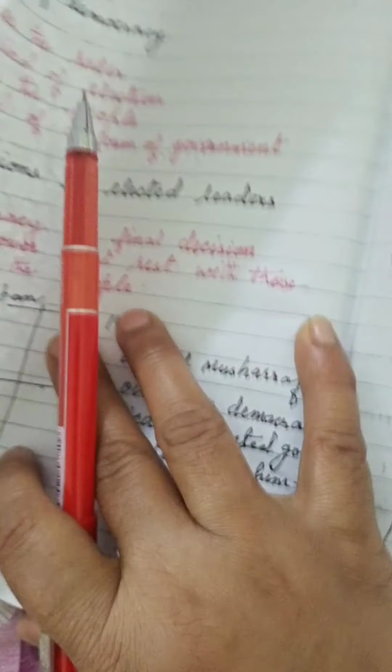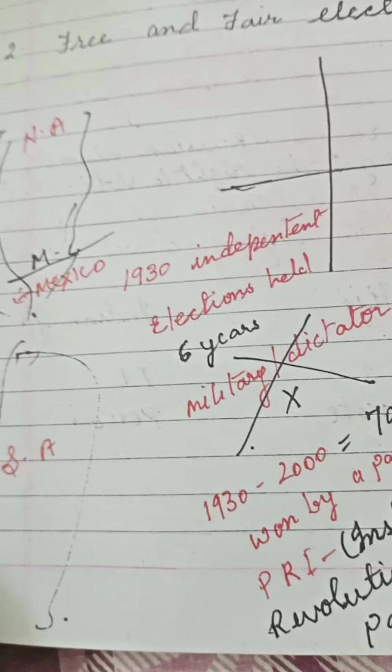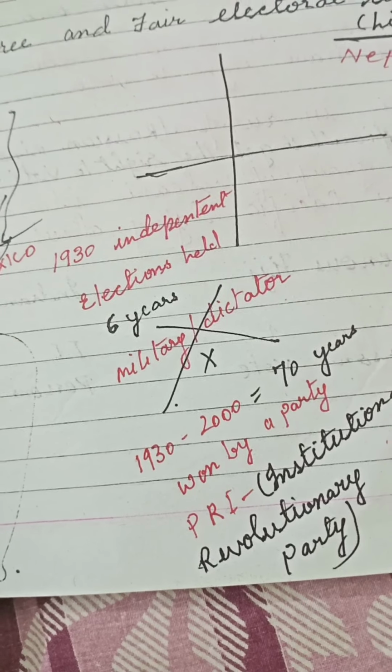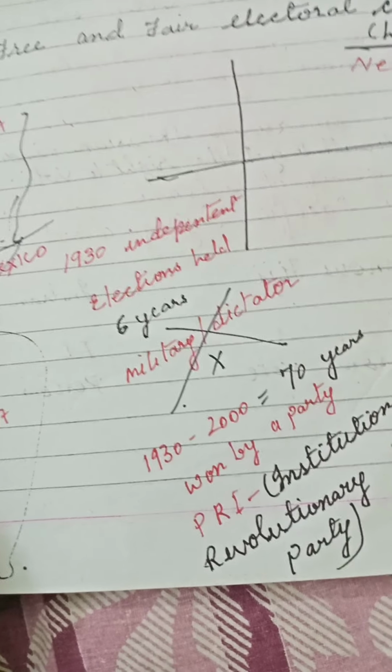Mexico was also under colonial rule, and they got independence in 1930. We got independence in 1947.